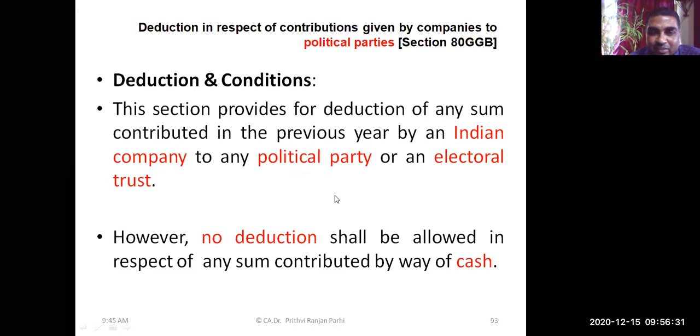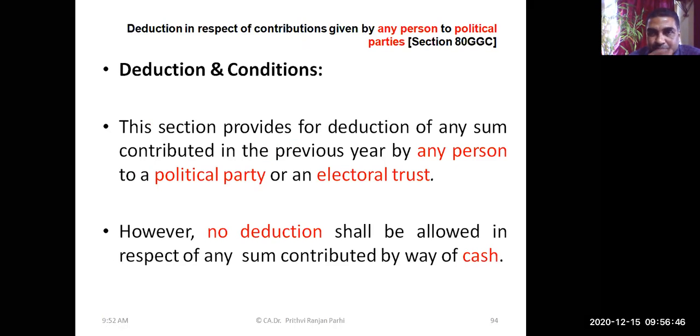Still deductions are allowed. However, no deduction shall be allowed if the sum is contributed by way of cash. So deduction is allowed only when the amount is paid in banking channel, otherwise than cash. Okay.